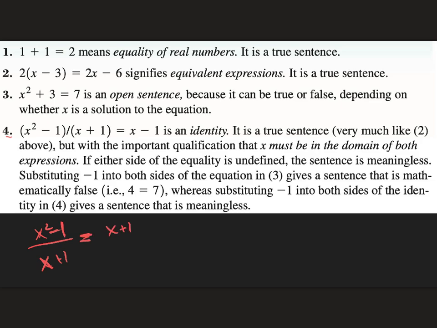It's (x plus 1)(x minus 1). This is called a difference of squares. Over x plus 1, and so the x plus 1's cross out, and you're left with x minus 1. And that's how we get that.